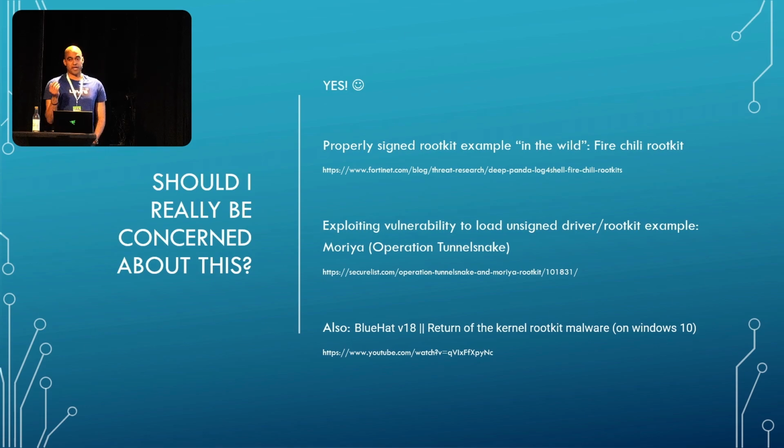And you find a bug in it, exploit it, and then you execute code and load your own driver. But that's not the focus here. More recently, at Blue Hat conference, there was someone talking about the return of the kernel rootkit malware on Windows 10. So it's actually relevant, and if you're feeling very confident as a blue team, then it's definitely something you should look into.